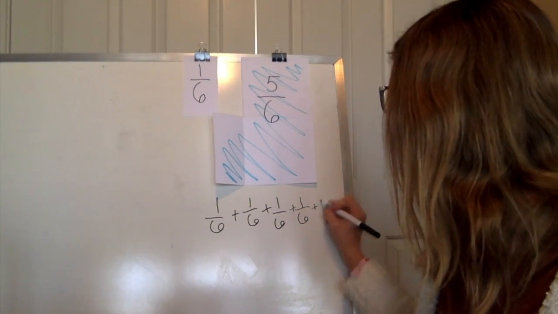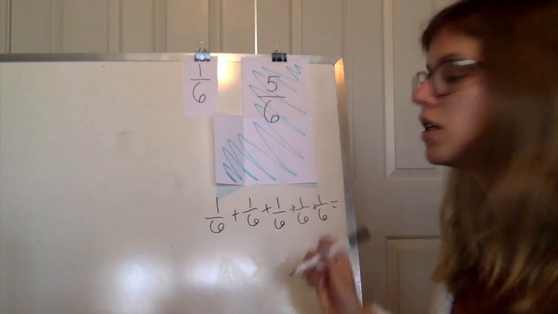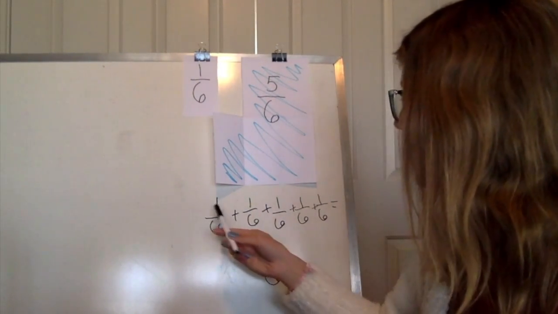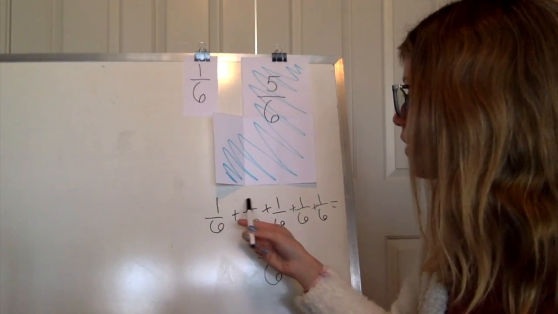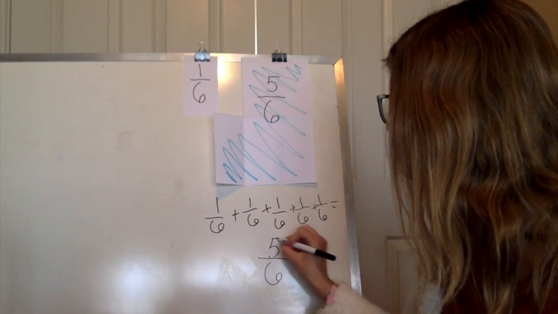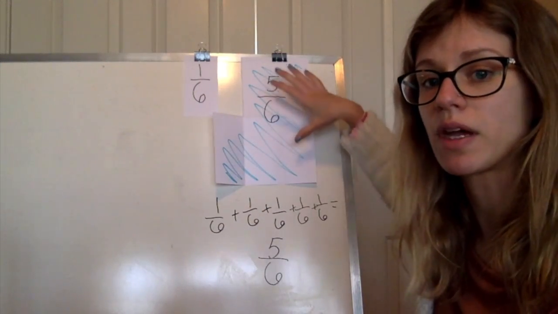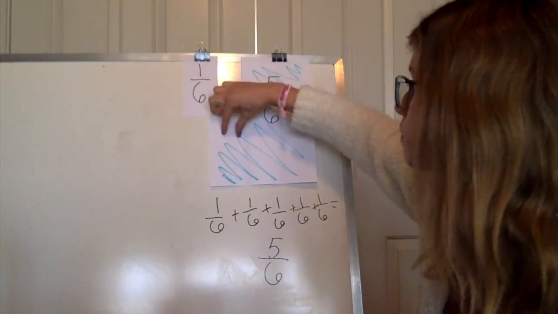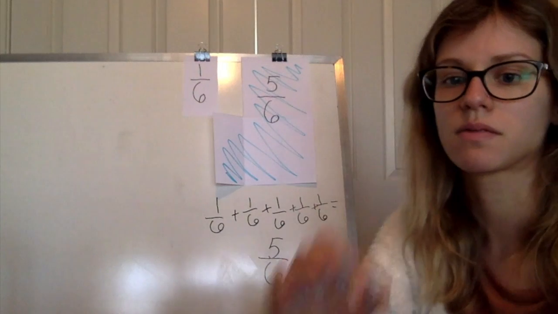And one more 1/6. And I know that I'm going to keep my denominator the same and just add up my numerator. So my parts, I have 1, 2, 3, 4, 5. So I could figure this out also by making an equation: 1/6 plus 1/6 plus 1/6 plus 1/6 plus 1/6 would equal 5/6.